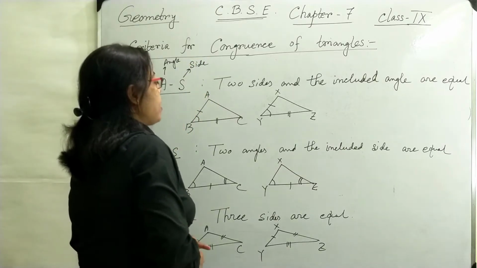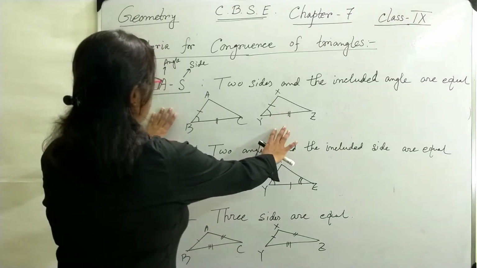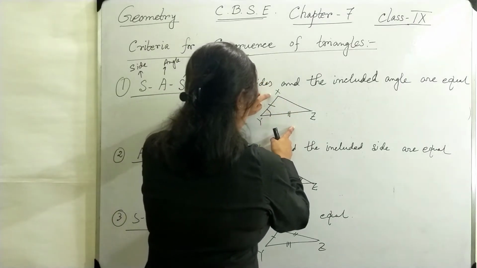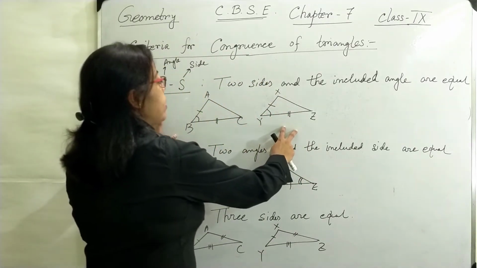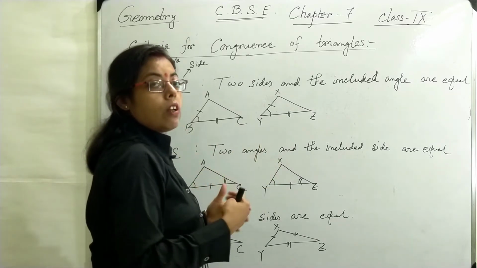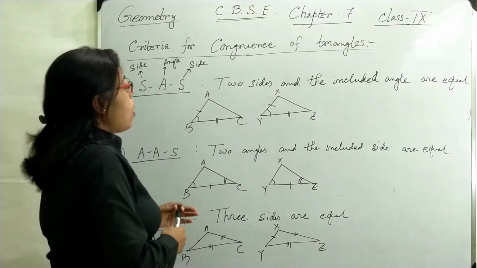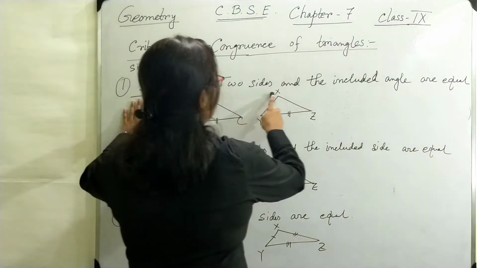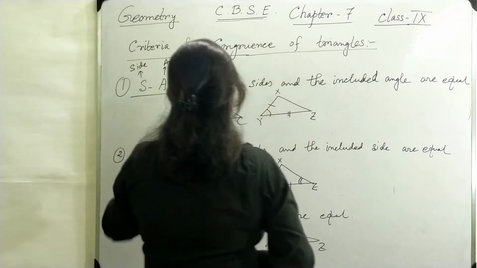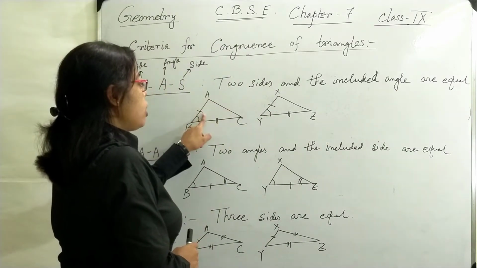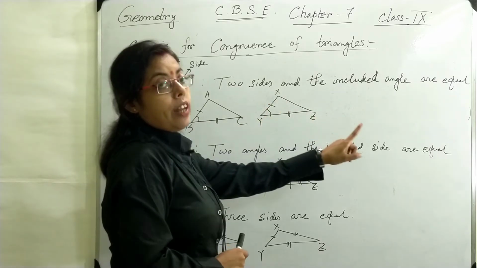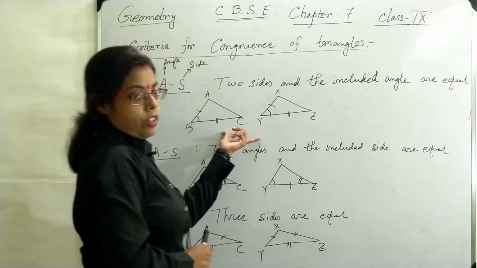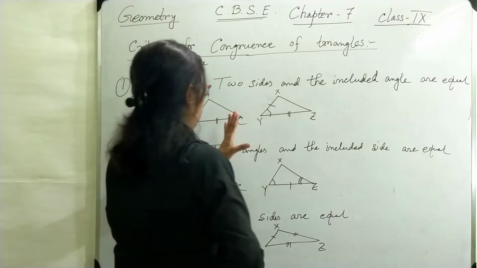This means that if there are two triangles, suppose triangle ABC and triangle XYZ, you have to consider these two triangles and find out whether they are congruent or not. This formula helps you to prove this: if two sides and the included angle are equal, then you can say that these two triangles are congruent to each other. Look at the board.